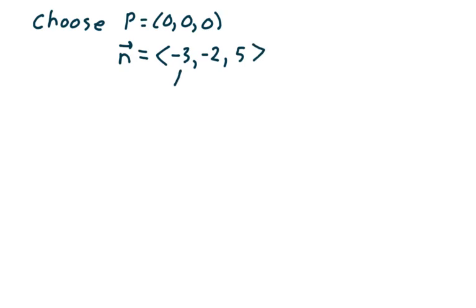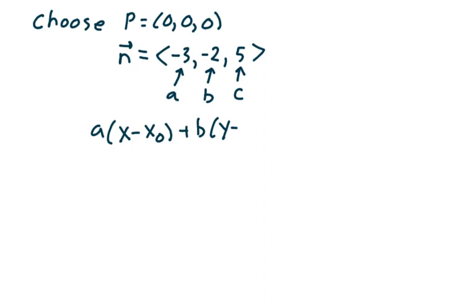So remember, this is my A, that's negative 3, my B is negative 2, and my C is 5. And so A times (x minus x naught) plus B times (y minus y naught) plus C times (z minus z naught) equals 0.